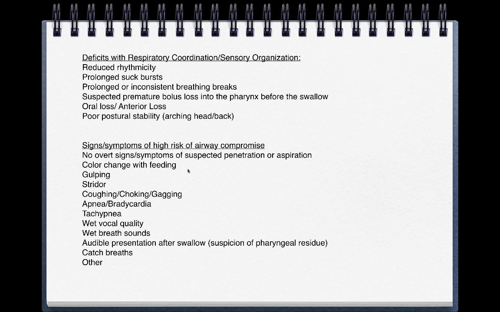Are there abnormal respiratory patterns? Do you hear a wet voice when the baby cries or breathes after intake? And in general, you're going to be noting as much as possible any symptoms that would suggest that feeding patterns are abnormal and that there could be airway compromise during the feeding process.